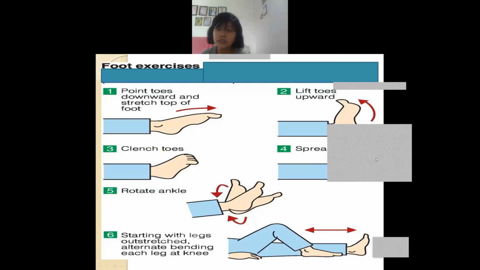Yes, ma'am. Okay, Rudolph, can you tell me the risk factors of DVT? What can they be? Obesity, pregnancy, smoking, immobility, and cancer, okay.